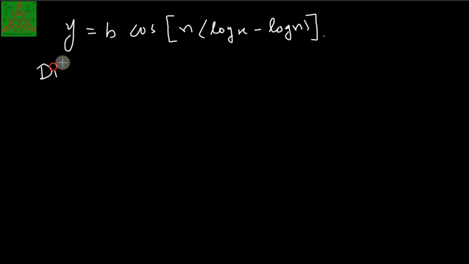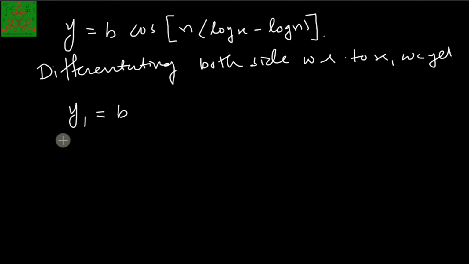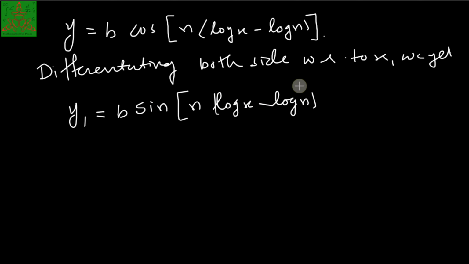Now if we differentiate both sides with respect to x, we get y1. The b is a constant, so it will stay as it is. A derivative of cos, that we can say is sine, n log x minus log n stays as it is.